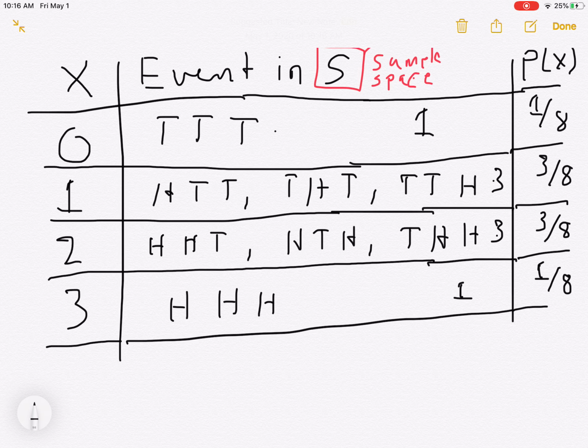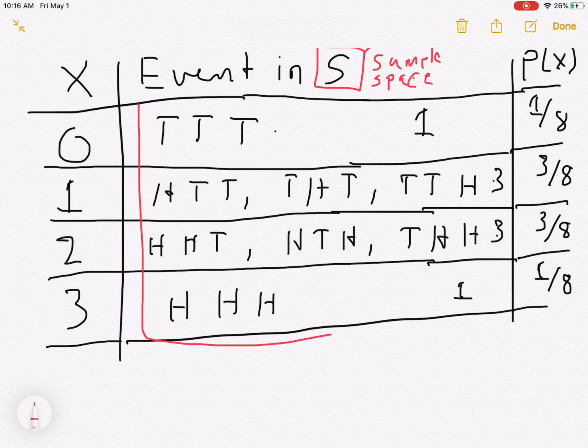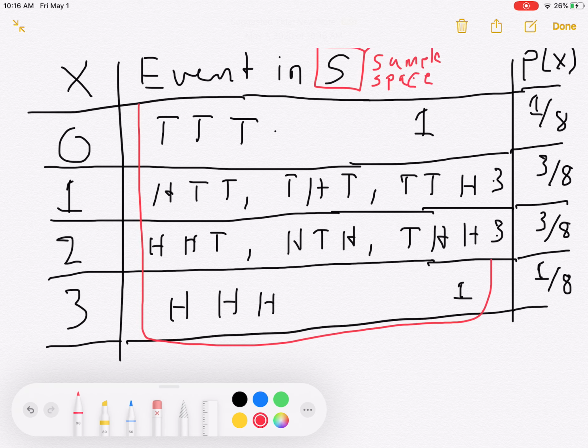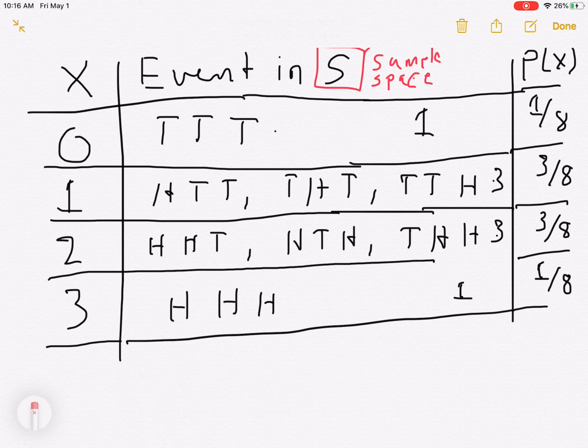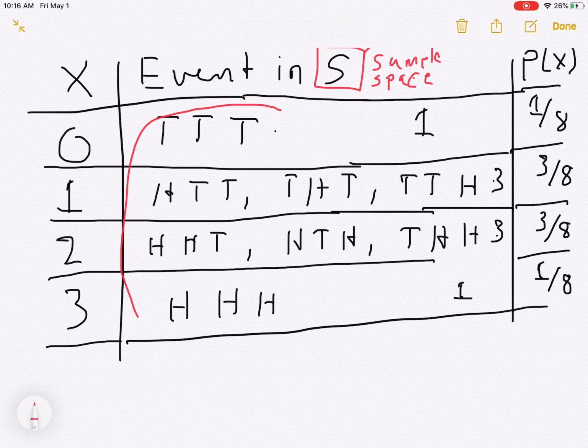There's a couple of things I'd like to point out about this. So the sample space S is all of these events. Okay, let me just go back a little bit. Sample space is all of this. It's all 8 events.